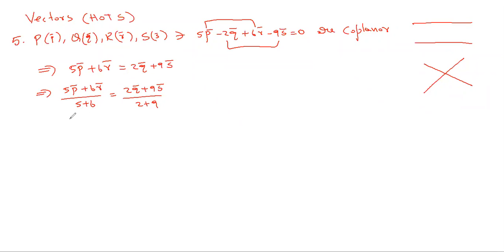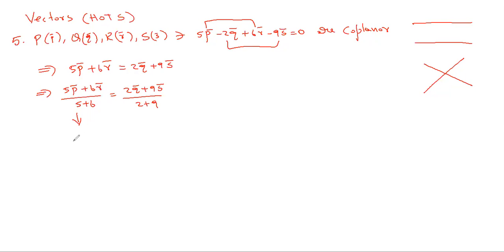I divided by 11 on both sides. Now you can understand that the LHS is a vector which divides RP in the ratio 5:6, by the formula (m b bar plus n a bar) by (m plus n).